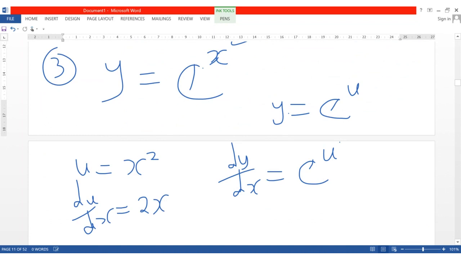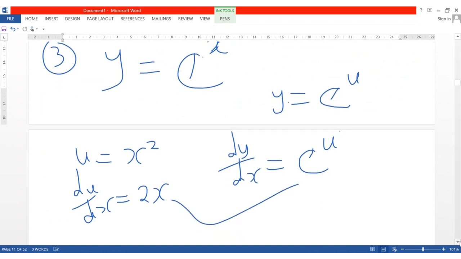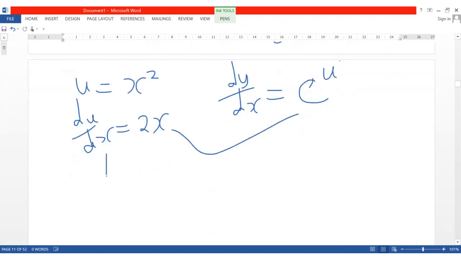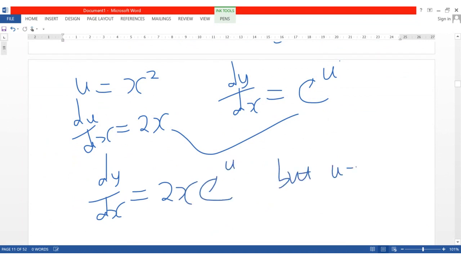So I multiply those two. What are you ending up with? So dy/dx will be given by 2x exponential u. But u was what? x squared. So I will get 2x exponential x squared. So I think one of the people got it.